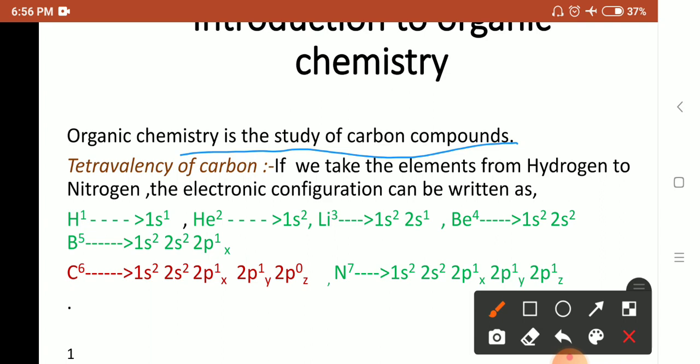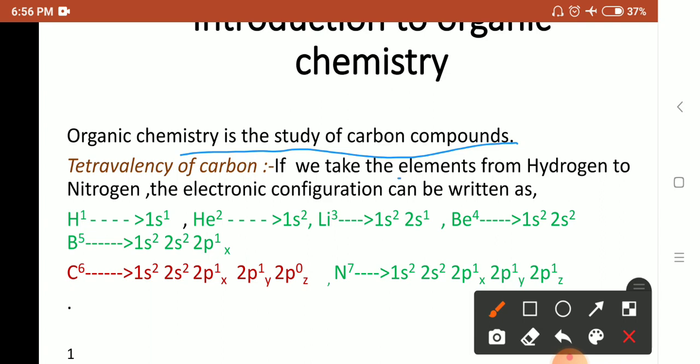But before going to that, we study tetravalency of carbon. Means valency of carbon is 4. So how do we get valency as 4? For that we study the electronic configuration of some of the elements. In the last class also, Suhasini madam told you about electronic configuration of about 20 or 30 elements.